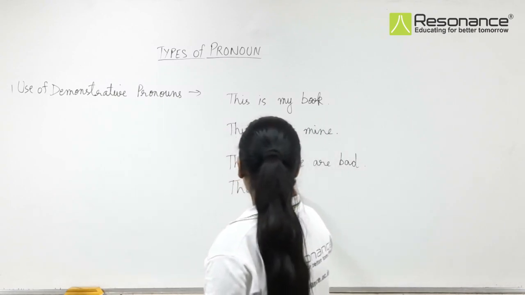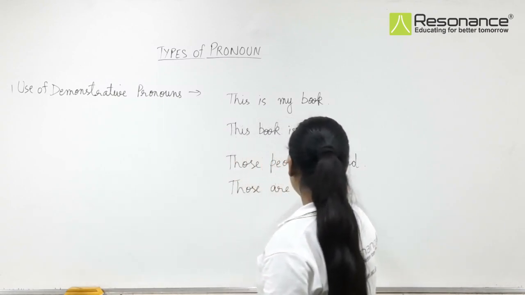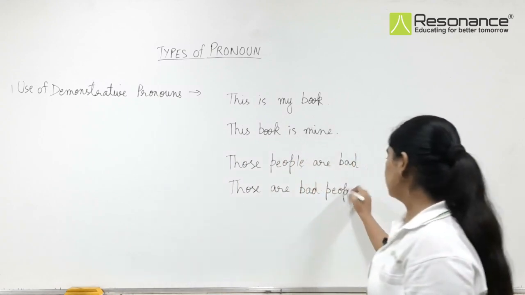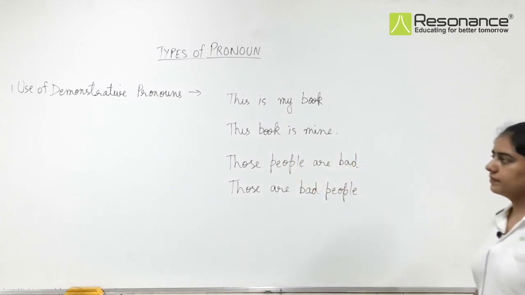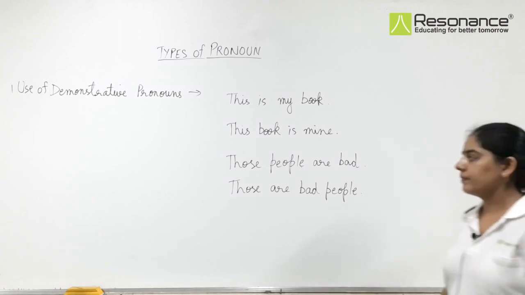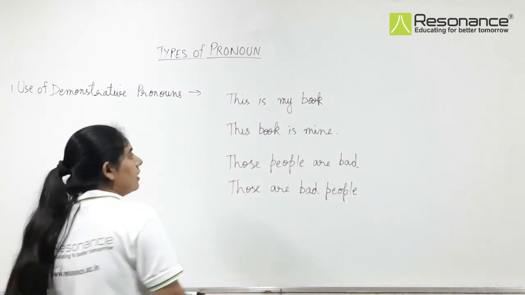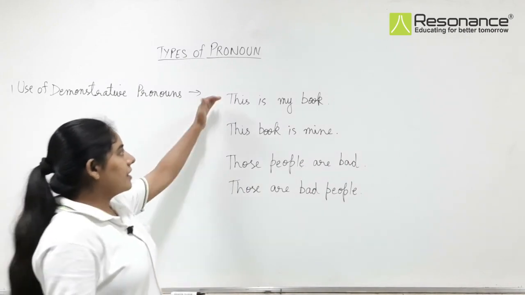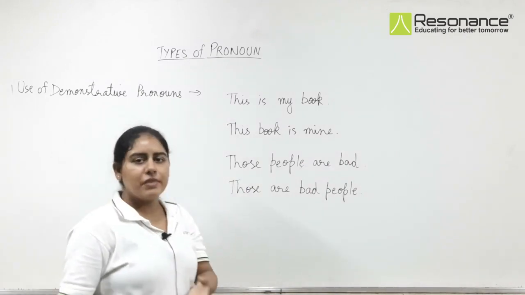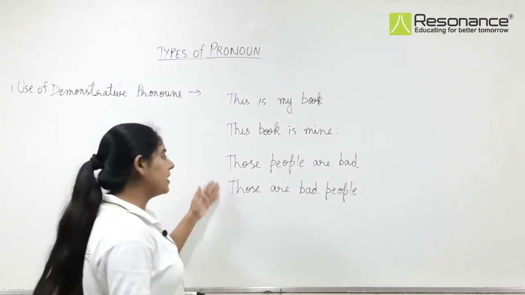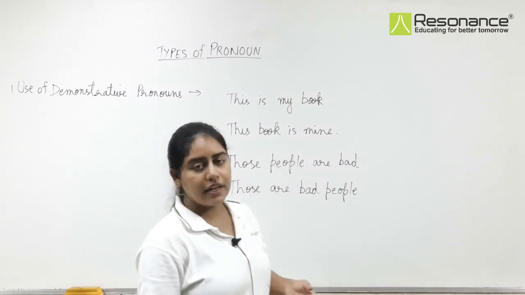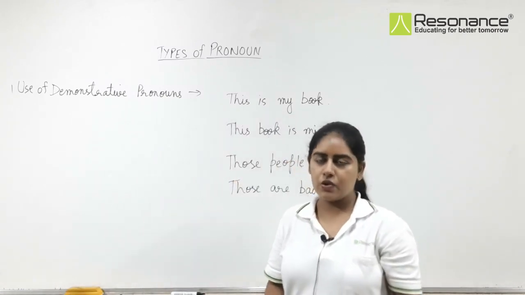Those are bad people. Okay. Now, I think first two sentences, they are almost similar, right? And the next two sentences, they are also similar, right? Meaning is same in both the cases.